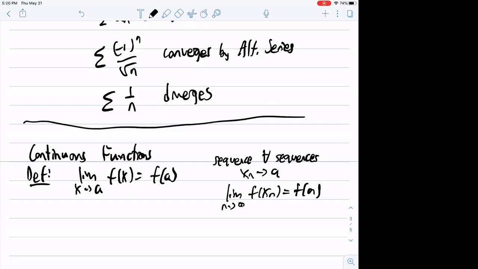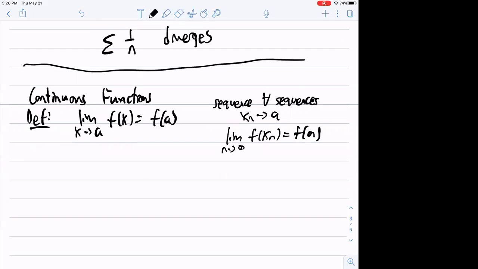Now, note that this here means 3 things, right? It means 1, f is defined at a, or yeah, near a actually, at and near a. 2, the limit exists.